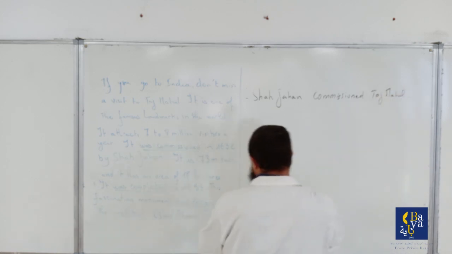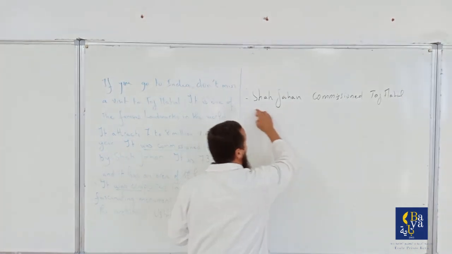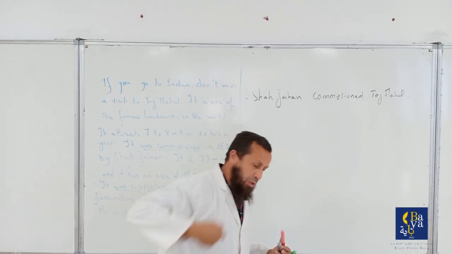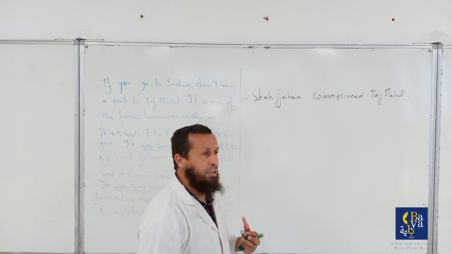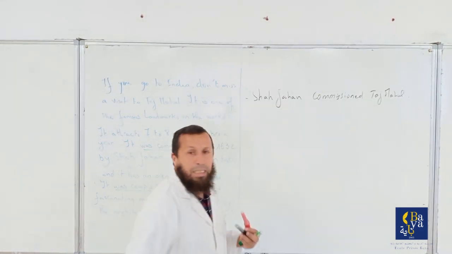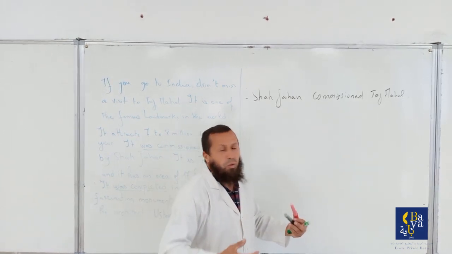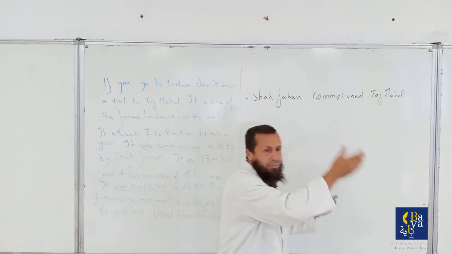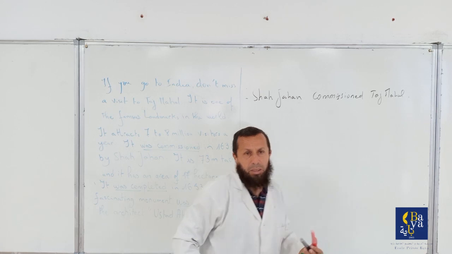Okay. This is the active form of the sentence. It means we are focusing on the subject, Shah Jahan. This is the active. We want to have it in the passive form. So it means we will not focus on the subject. Either it is shown or not. Okay?